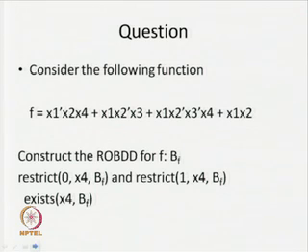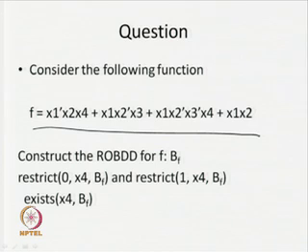Now, just look at a simple question over here. I am saying consider this particular Boolean function. Now, construct the ROBDD for this function f, say Bf. I am giving a function f which depends on 4 variables x1, x2, x3, x4. First, construct the ROBDD for Bf, reduced ordered binary decision diagram.